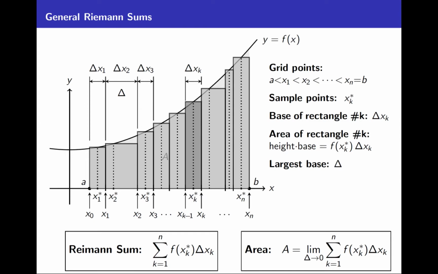Now, I have to be quick to add here that if you really try to play around with this limit, you might realize that there are some technical difficulties, because normally when we have a limit as delta goes to 0, what occurs to the right of it is some function of delta. And this expression here doesn't really depend so much on delta.